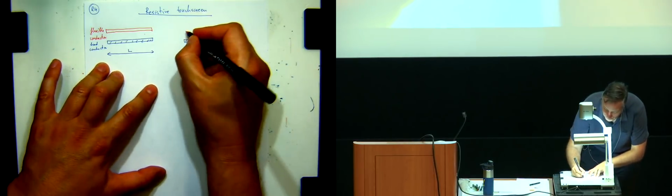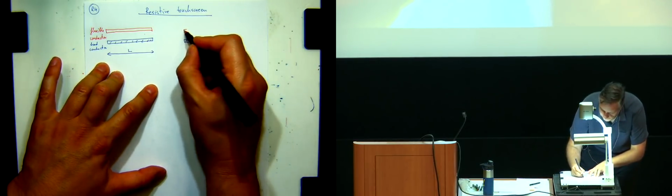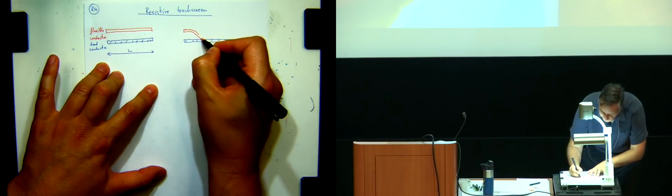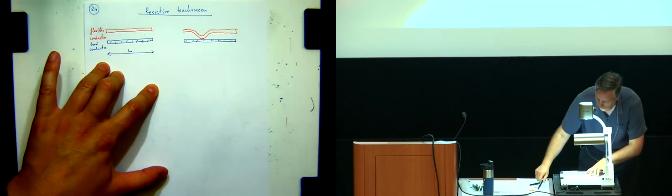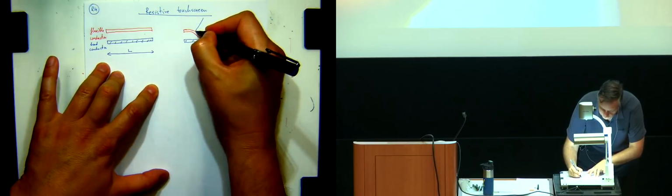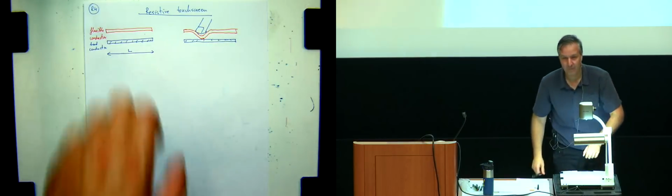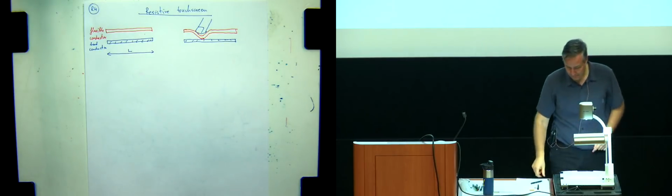I'm going to have my backplane, but the material on top is going to get squishy. Okay, and let's say my finger's here. So I'm poking it.